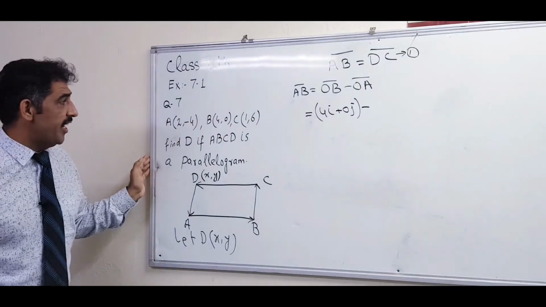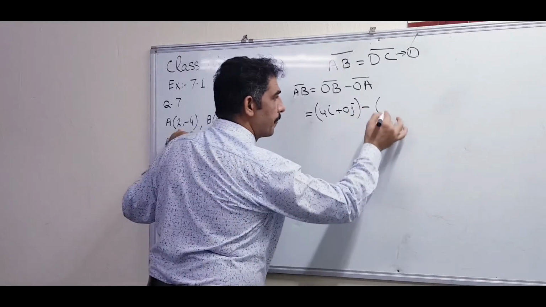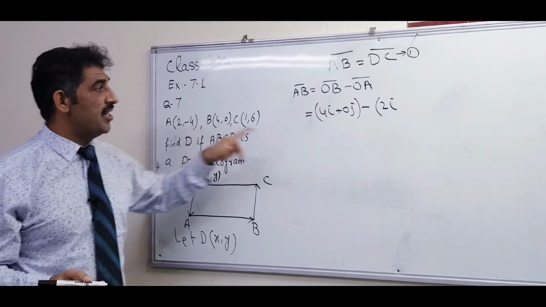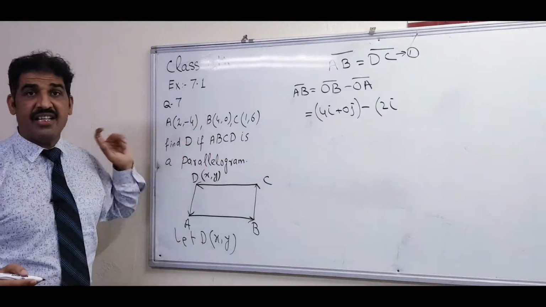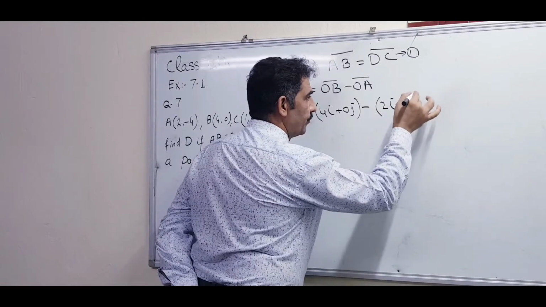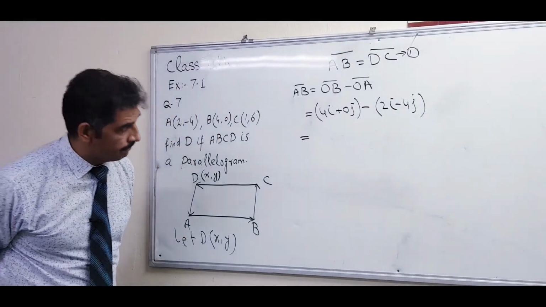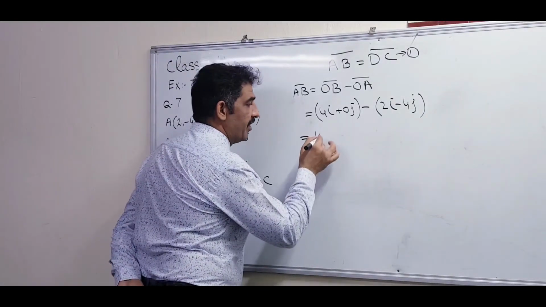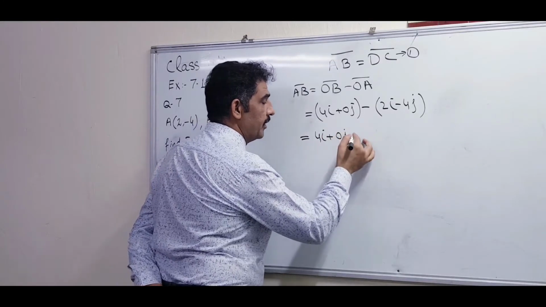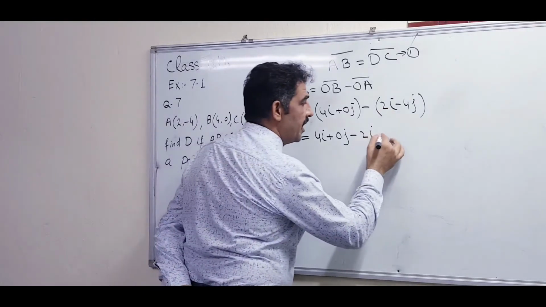What is the value of OA? It is 2i and minus 4j. According to the formula there is a plus sign, but if there is a negative sign, you will write minus 4j. Open the bracket. The final expression is 4i plus 0j minus 2i plus 4j.